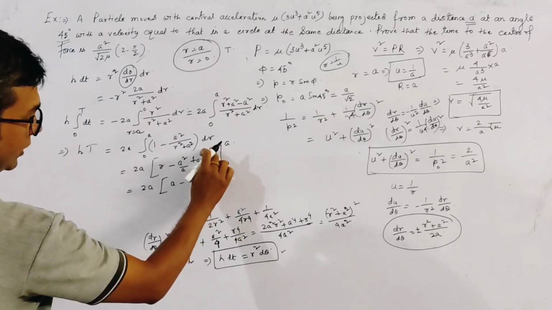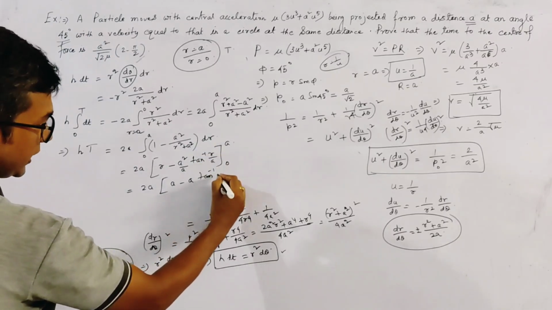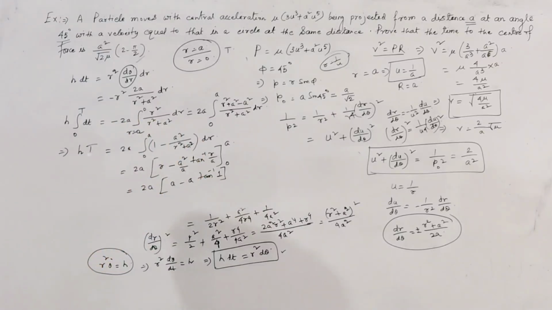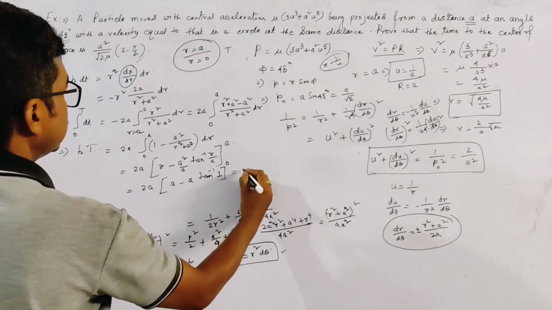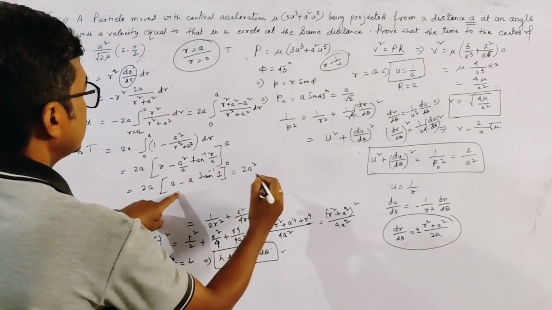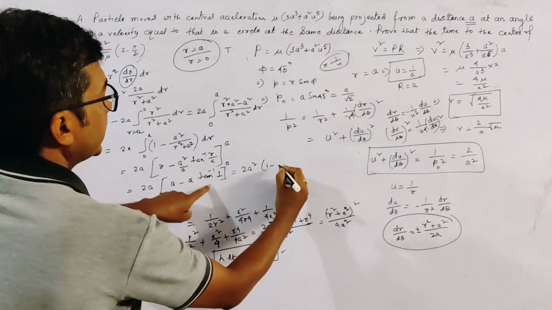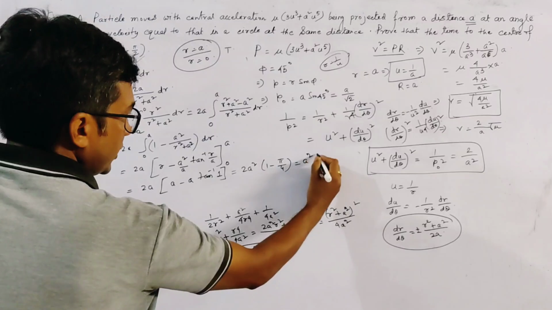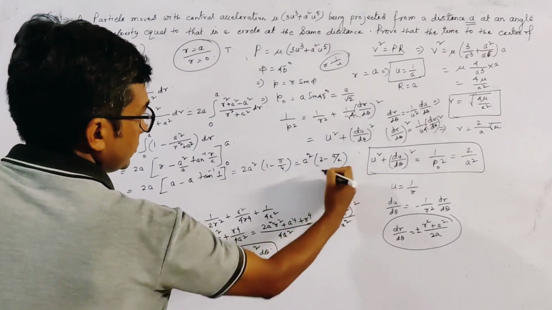Putting the value of r as a, we get 1, and for the lower value both terms are 0. This is given by 2a square into 1 minus tan inverse 1, which is pi by 4. So we get a square into 2 minus pi by 2.